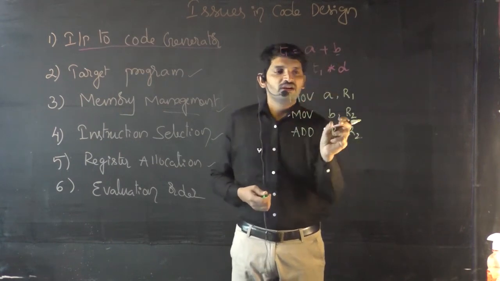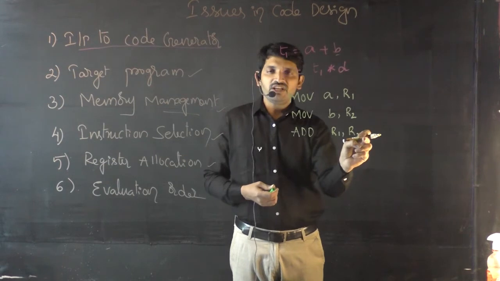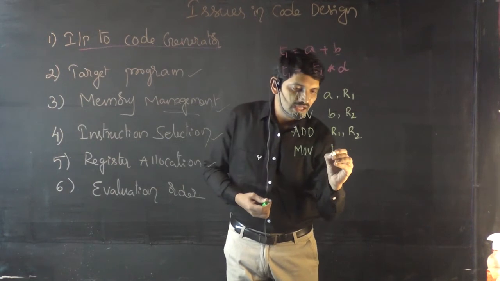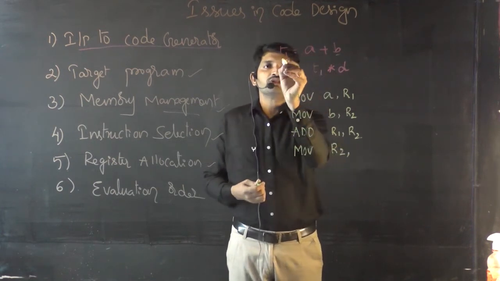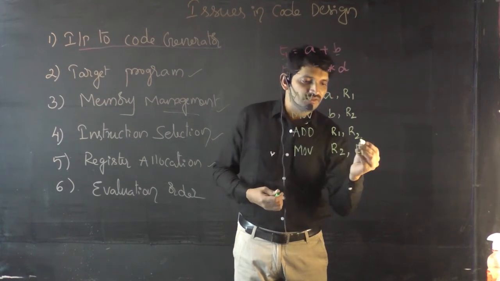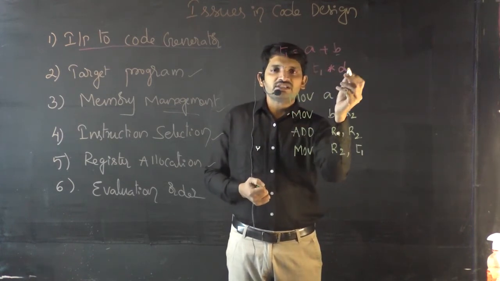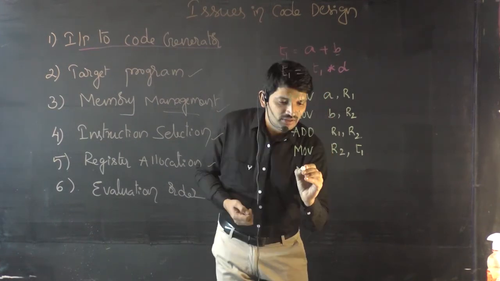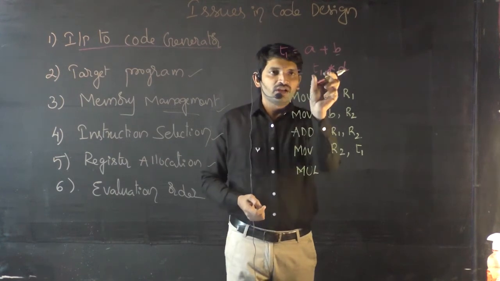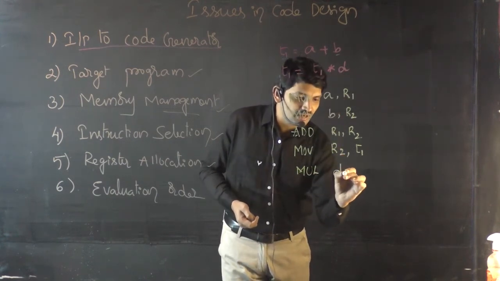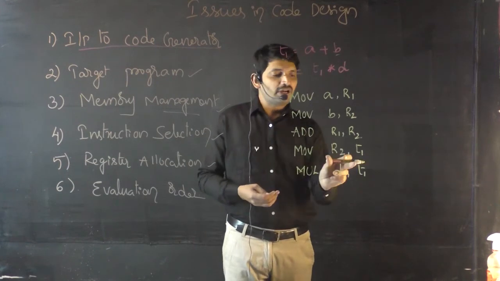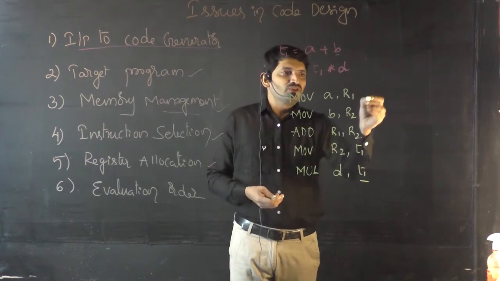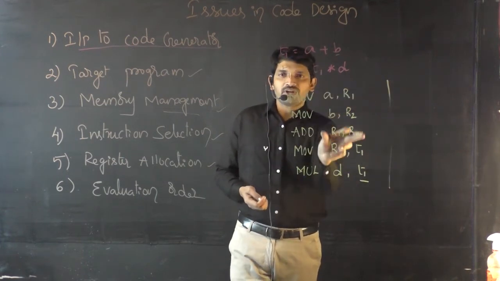That means the added value is saved in R2. Now I move the R2 value to the temporary variable T1. Now T1 cross D, this is the second instruction. So again I perform multiplication of T1 with D, MUL D, T1. The multiplication is performed with D and T1 and that value is stored in T1. So this is one way to perform the operation.